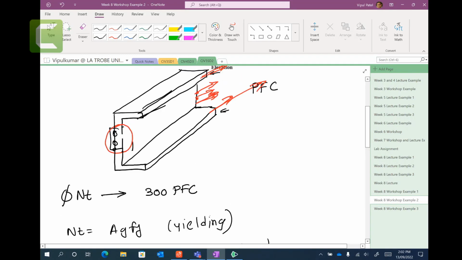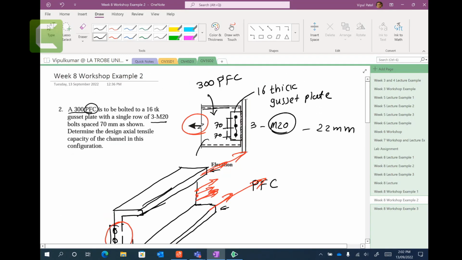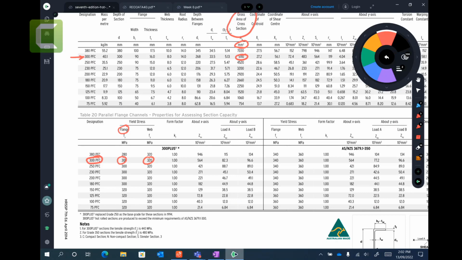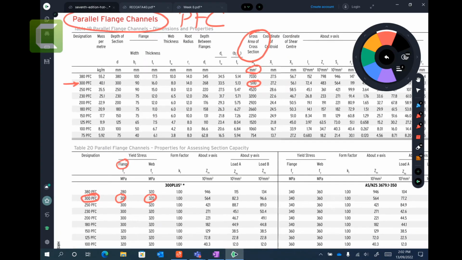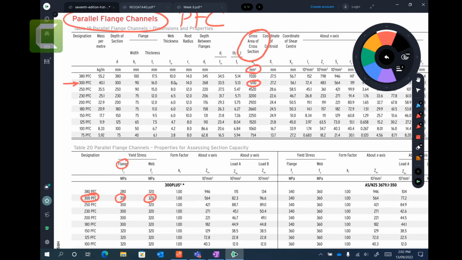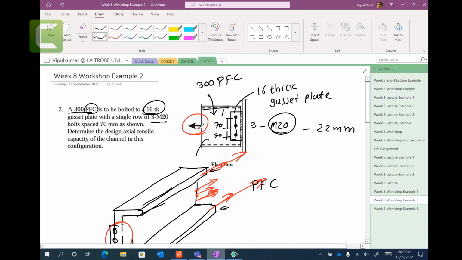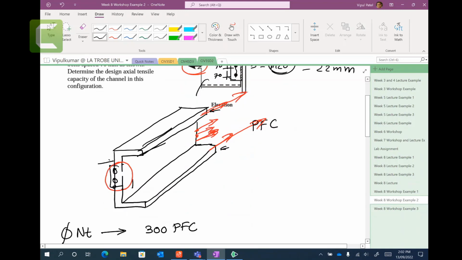And the thickness: we don't need to take the thickness of the gusset plates. You need to take the thickness of this parallel flange, which would be the thickness of the web. I think 8 millimeters, or how much did you take? 8 millimeters. I hope you understand that.